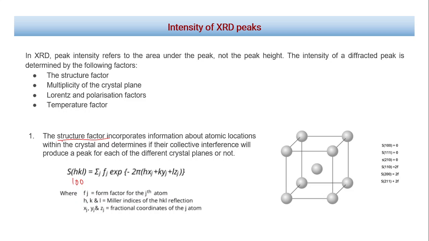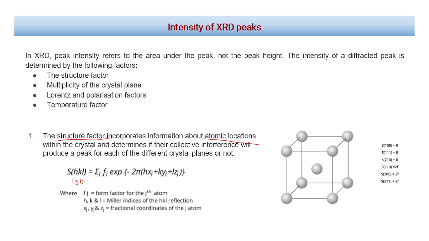The structure factor incorporates information about atomic locations within the crystal and determines whether their collective interference will give us a diffracted peak that our detector will detect or not.